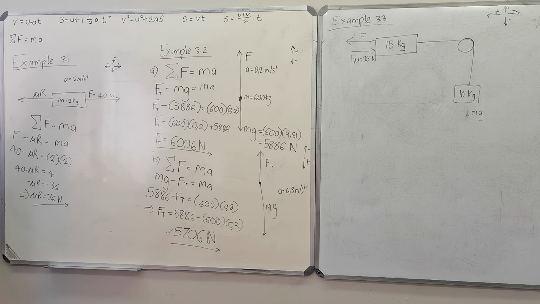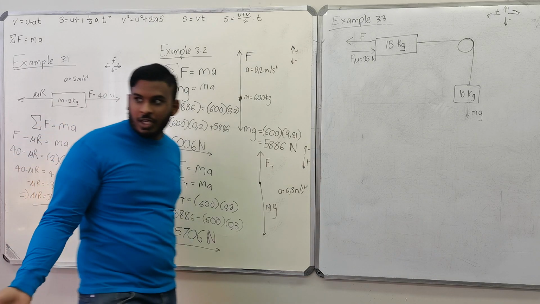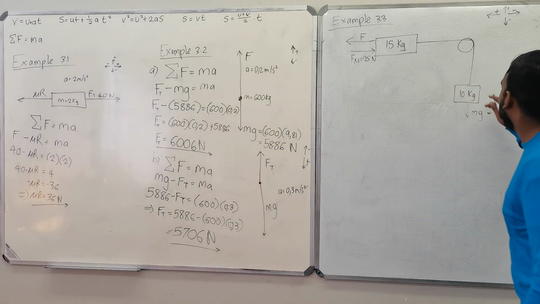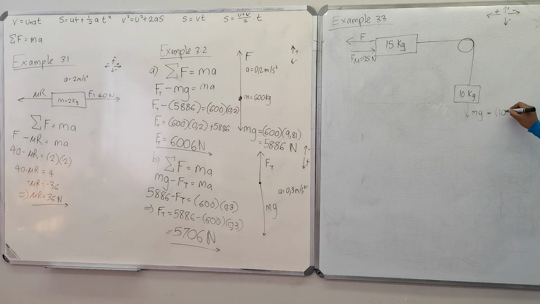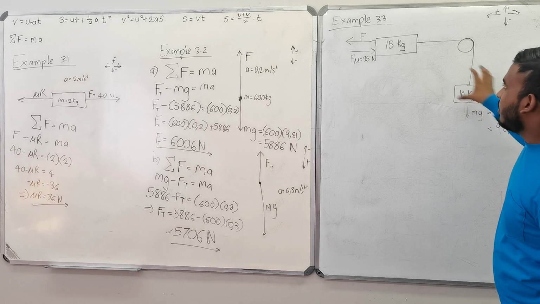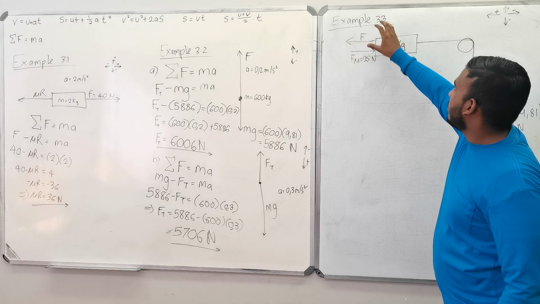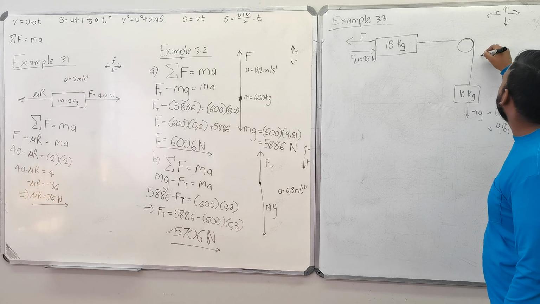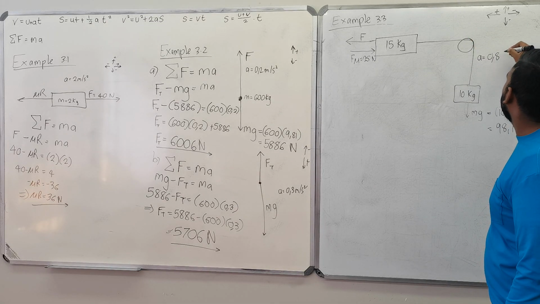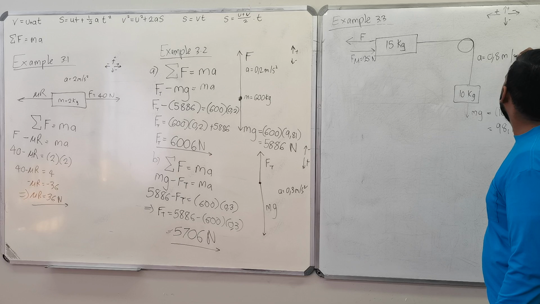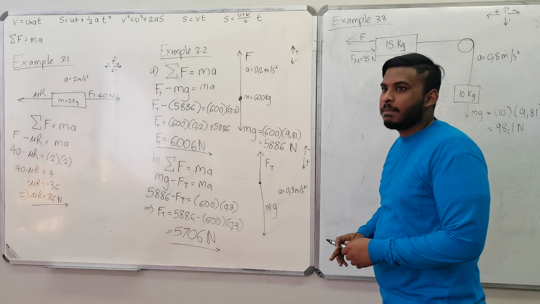F needs to first look at the force being applied by the 10 kilogram mass, which should be just mg, which is 98.1 newtons. So we know this force here. Oh wait, I forgot the acceleration. Acceleration is 0.8. So the 98.1 we can write on top, next to the mass.